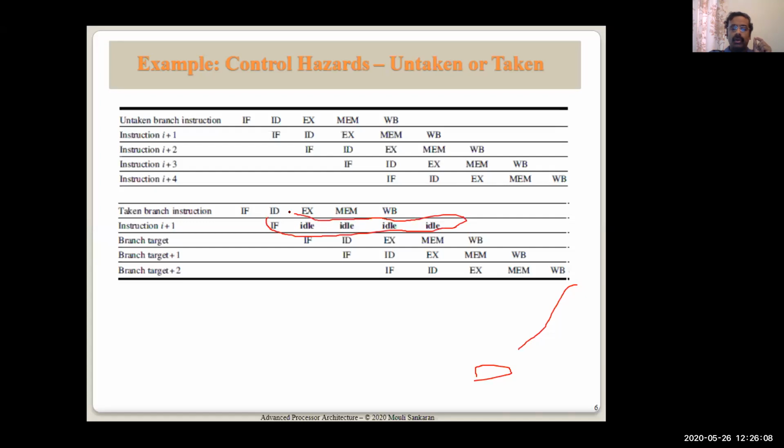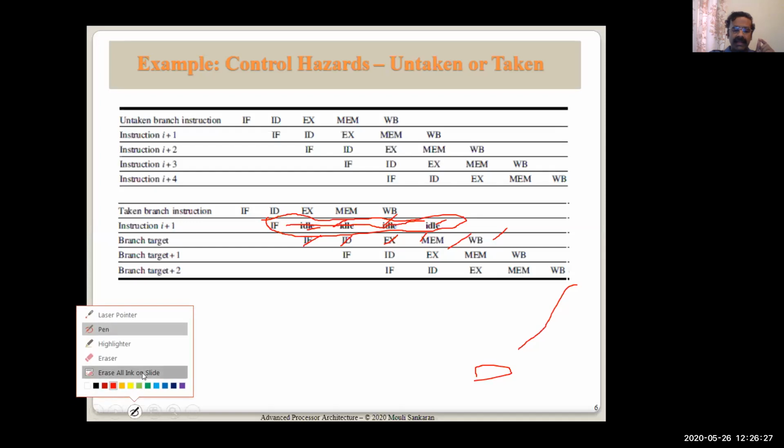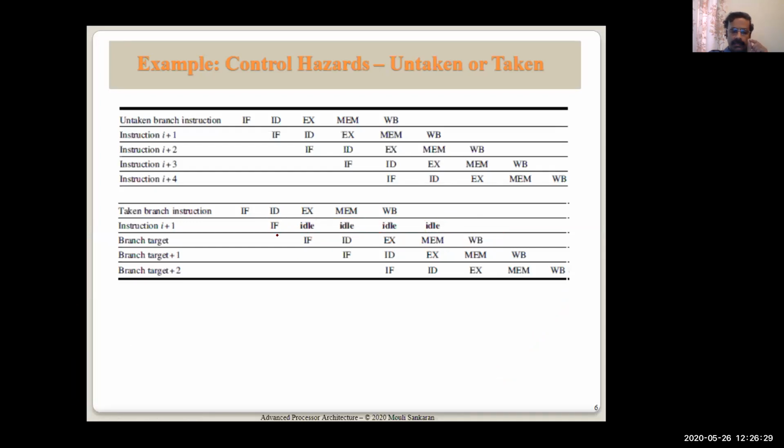As I told you, it cannot just like that escape from the pipeline. So one cycle, during this cycle, these instructions are getting executed in different stages, but the module which is above will be doing nothing. That's what is called idle. I hope you understand what I mean by idle, because let me explain.